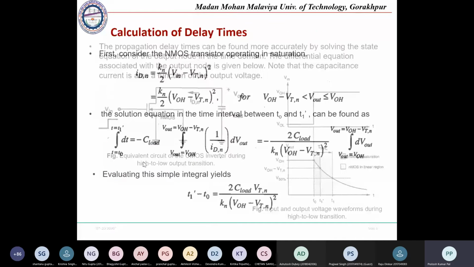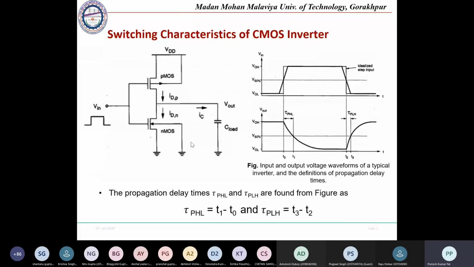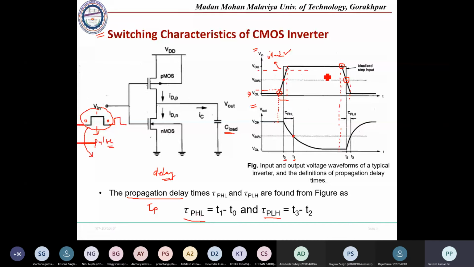So this is defined from this point to this point. Suppose this is 10% and this is the 90% level. Suppose this is the level of 90% and this is the 10%.